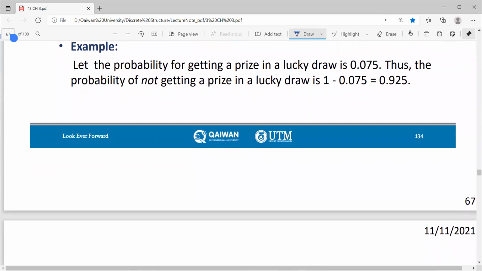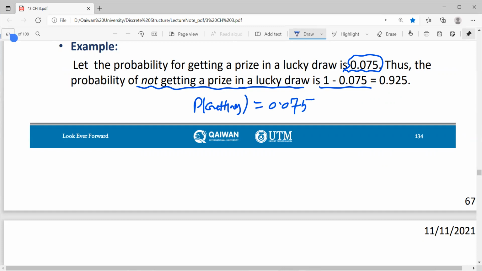Here, the probability of getting a prize in a lucky draw is 0.075. This is the probability of getting the prize. Thus, how about the probability of not getting the prize?